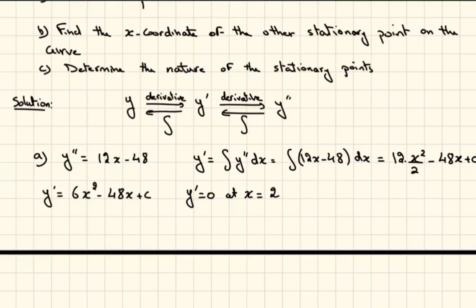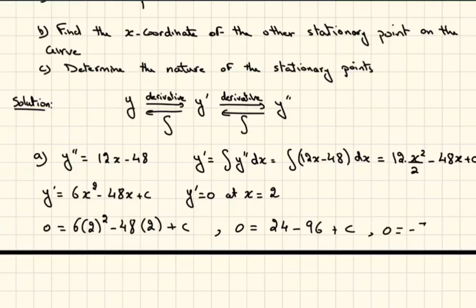Let's do this. So 0 equals 6 times 2 squared minus 48 times 2 plus c. This gives me 0 equals 6 times 4 is 24, 48 times 2 is 96, plus c. Now, we can calculate this one. We get 0 equals negative 72 plus c.